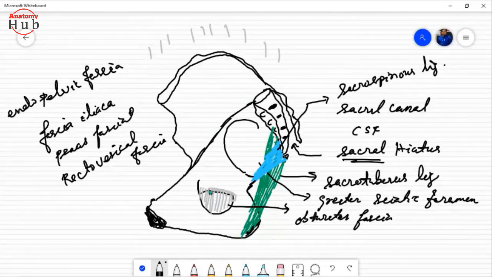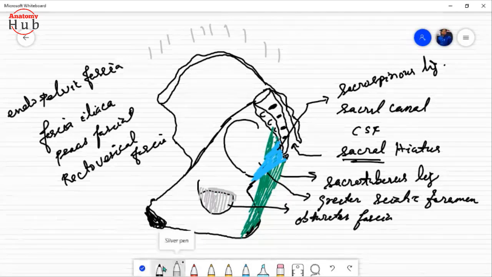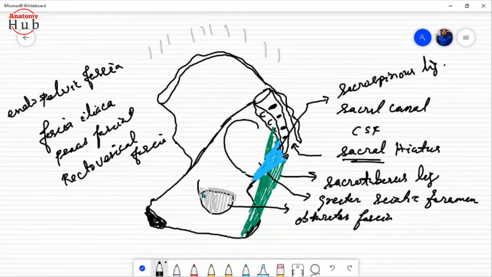This obturator fascia thickening makes the obturator membrane. And this obturator membrane has a deficiency over here. At this point you'll not find the obturator membrane, and this deficiency makes a canal over here. That canal will be known as your obturator canal.